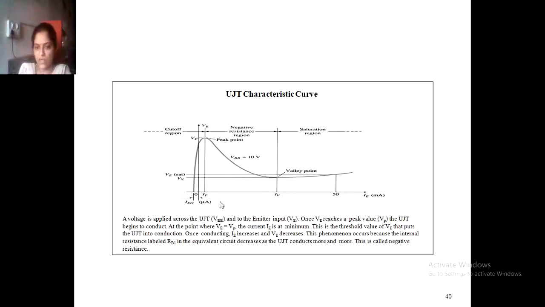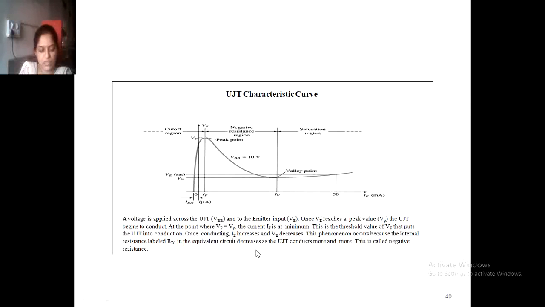So this is called negative resistance. This is the cutoff region, then the negative resistance region, where IE increases but VE drops off, and one point here is the valley point.